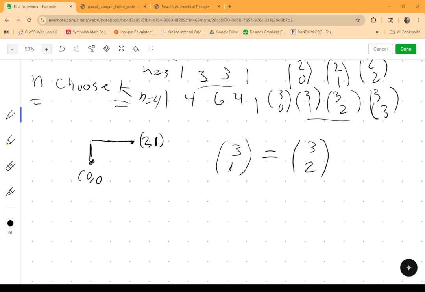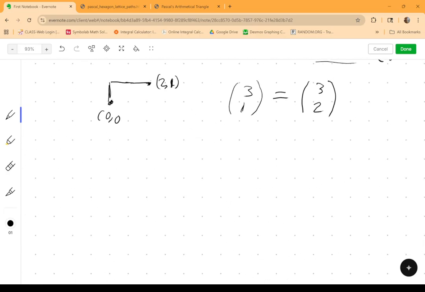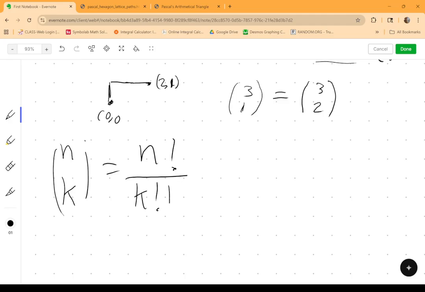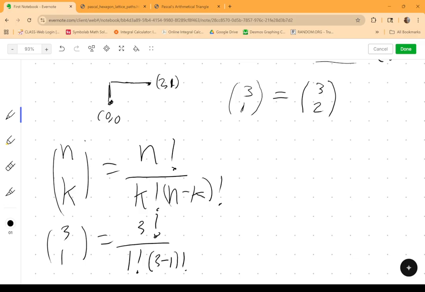Now, algebraically, this n choose k number is the quantity n factorial over k factorial times n minus k factorial. So, for example, for something like the one we just did, 3 choose 1, we would get 3 factorial over 1 factorial, and then 3 minus 1 factorial.